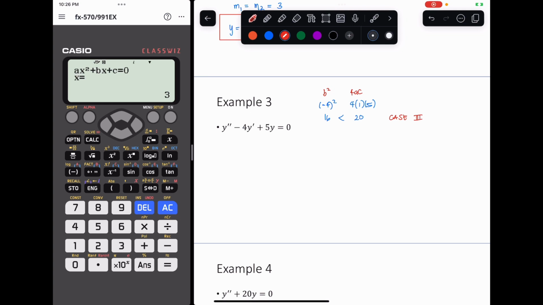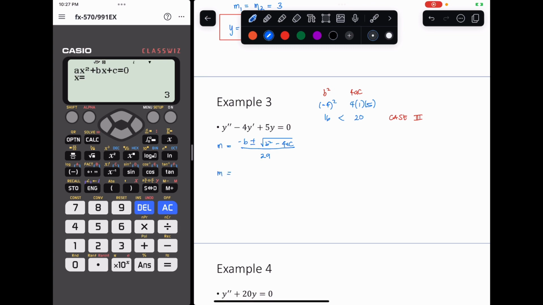If it is case 3, then this is a complex root. Since this is a quadratic, we can use the quadratic formula. So our m will be equal to negative b plus and minus the square root of b squared minus 4ac, all over 2a.